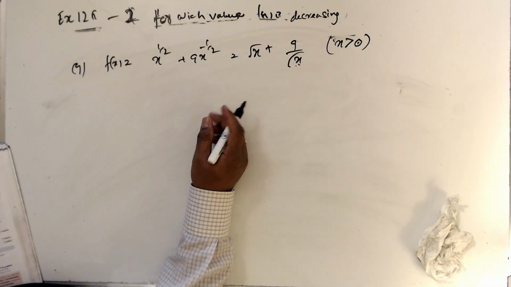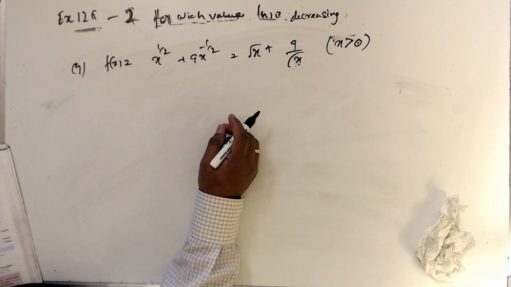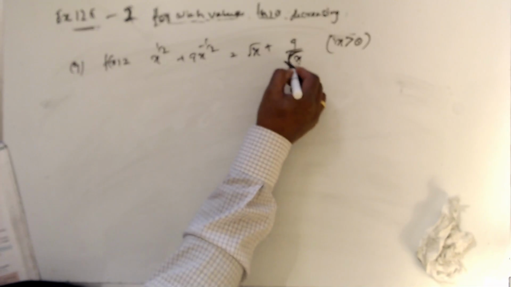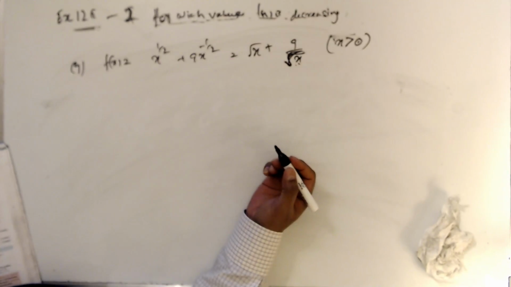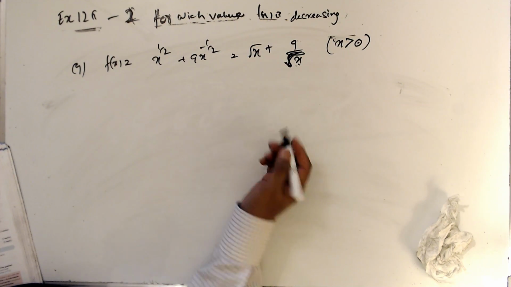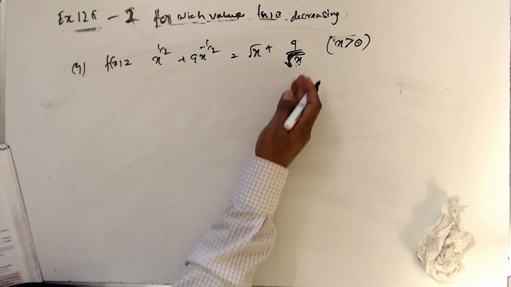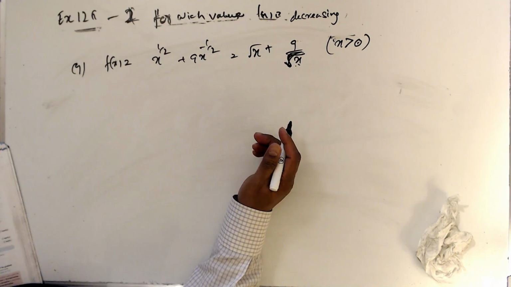When you see a function, you want to look at what kind of x values it's going to work for. If you look at the square root of x, then definitely no negatives. For negative numbers, this function doesn't work. And also 1 over x, or x square root x, at 0 it also doesn't work.